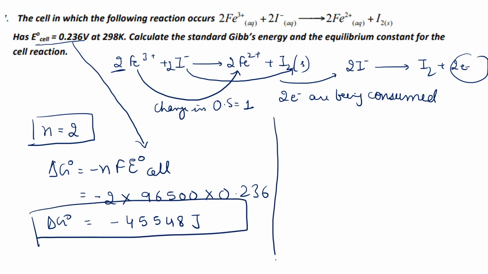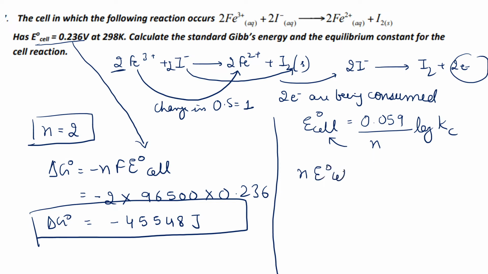Coming to the calculation of the equilibrium constant, we know that E naught cell is equal to 0.0591 by N log Kc. Multiplying through, N E naught cell divided by 0.059 is equal to log Kc.